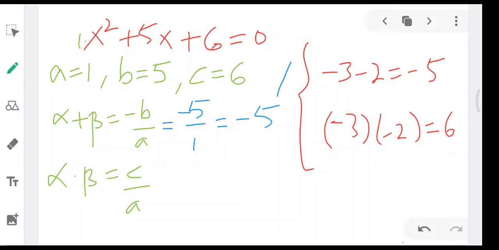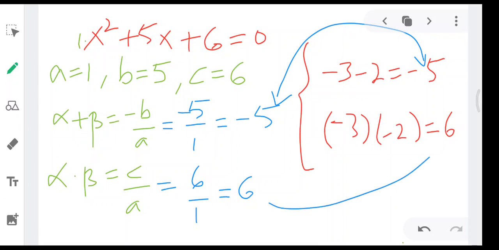You can see we got the sum of zeros by the formula, and by the roots the sum is the same. Then the product of the zeros, c by a, c is 6 by 1, which is 6, so we got the product also. So this is the way we can find sum and product directly by using the formulas alpha plus beta and alpha into beta, minus b by a and c by a.